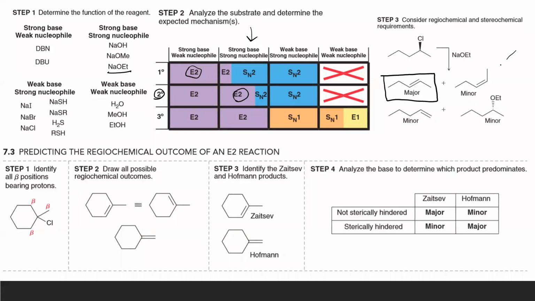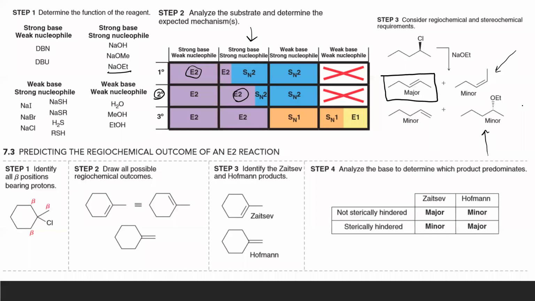The reason why the majority product is in the trans configuration versus the cis configuration is because of the steric interactions that occur in the cis configuration. There's more steric interactions, I should say, and that should be kind of a review from previous chapters that you guys have studied. And also, you will get some SN2 product.